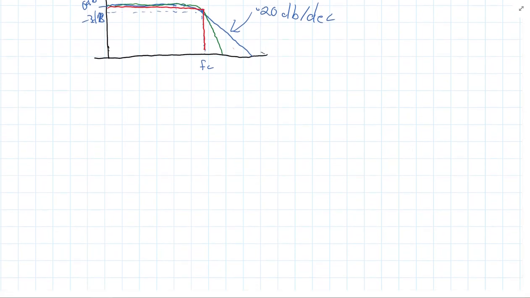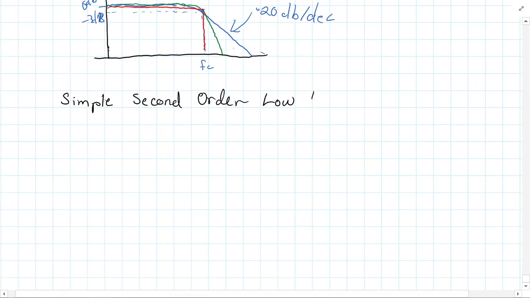Alright, so how do we build something? Well, let's just look at a simple second order low pass filter. So a simple second order low pass filter.